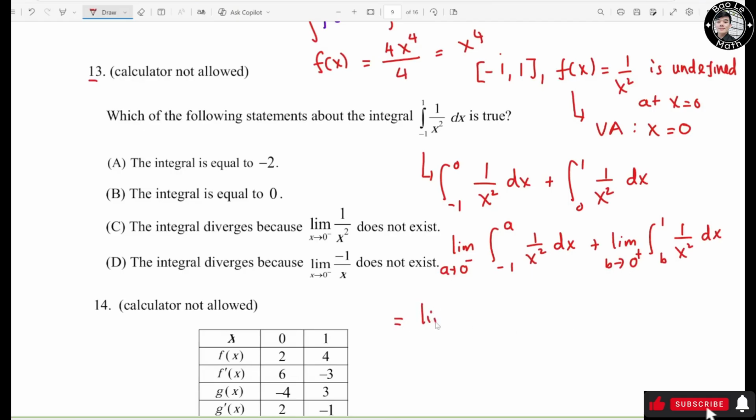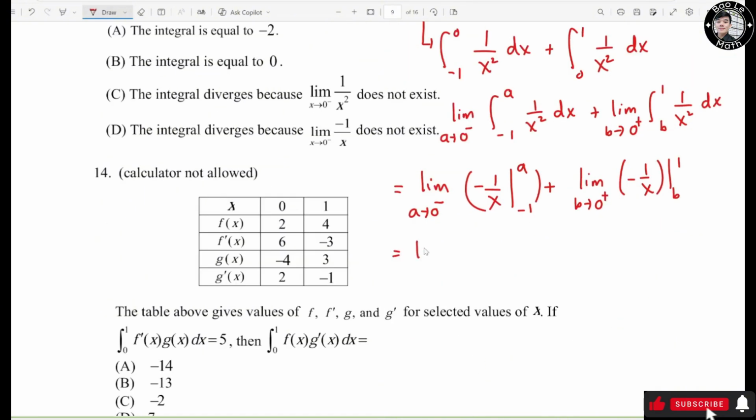So it's going to be the limit when a approaches 0 minus of -1 over s evaluated from -1 to a, plus the limit when b approaches 0 plus of -1 over s evaluated from b to 1, right? The limit when a approaches 0 minus of -1 over a subtract 1, plus the limit when b approaches 0 plus of -1 plus 1 over b.